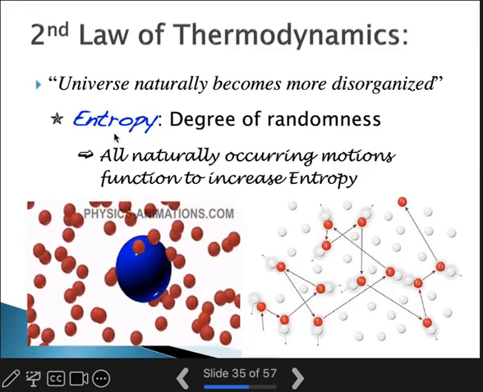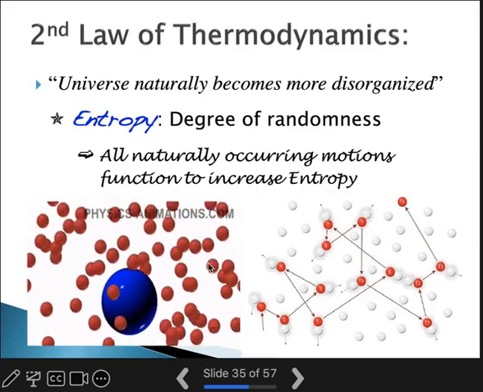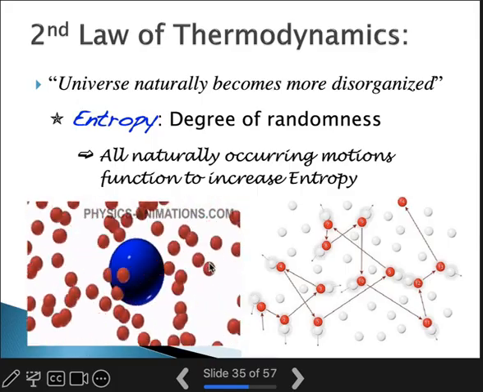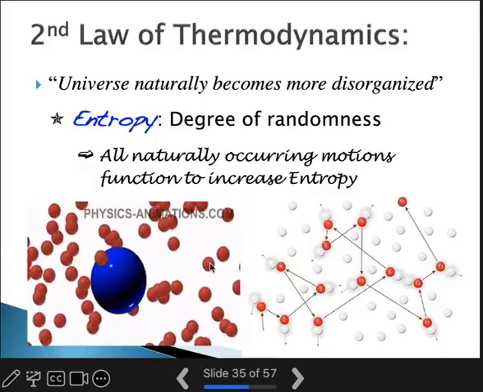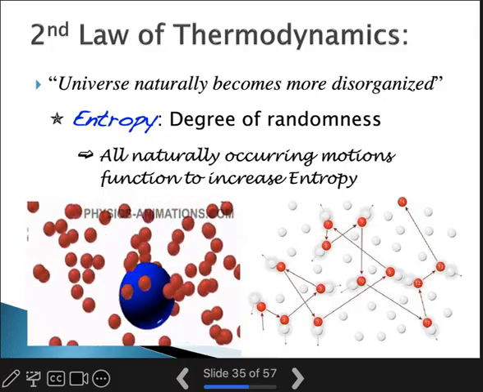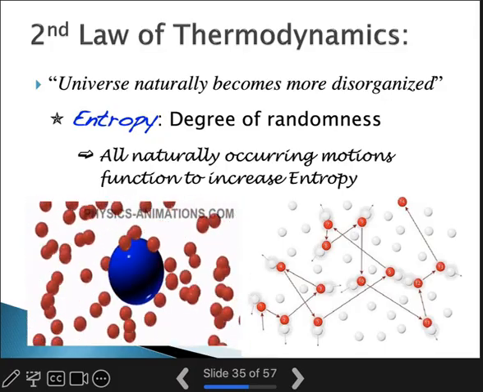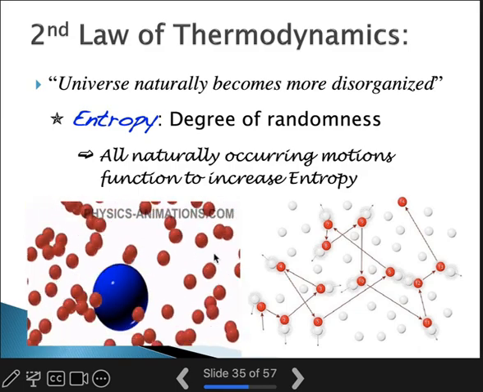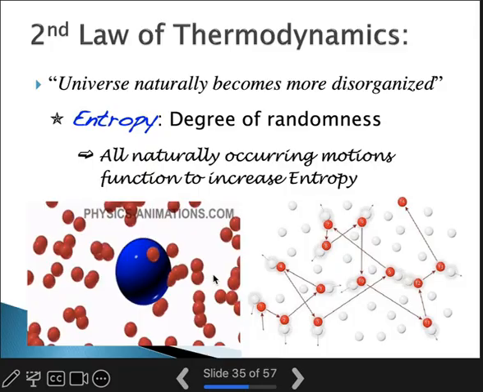So entropy is this idea that we have a system that is becoming more and more disorganized, and the longer we let it sit, the higher and higher the entropy. So all naturally occurring motions function to increase entropy or increase disorganization. These little bombardments here are going to be pushing things around, so that they're less and less organized.